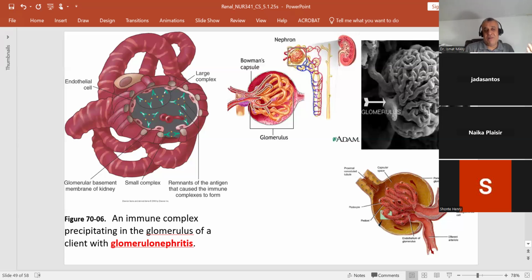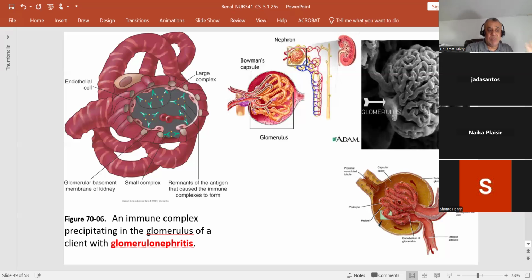So both kidneys are affected equally. It's not like pyelonephritis. In pyelonephritis sometimes the right or left side is affected, just one of them, not both at the same time. This one is more that both sides are affected at the same time. Pyelonephritis, one side most of the time. So why both sides here?